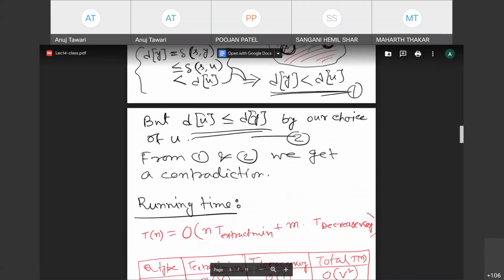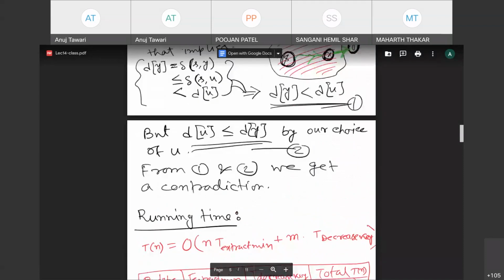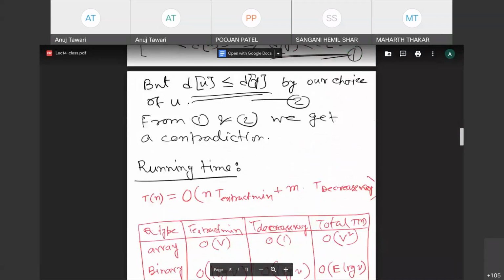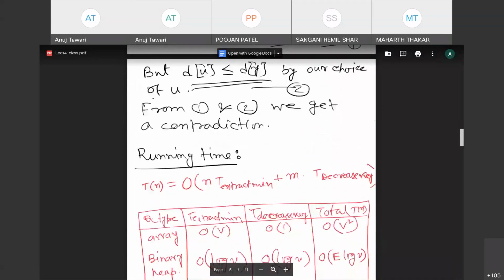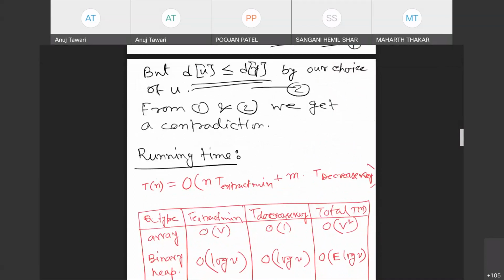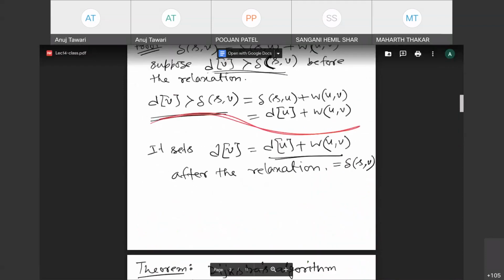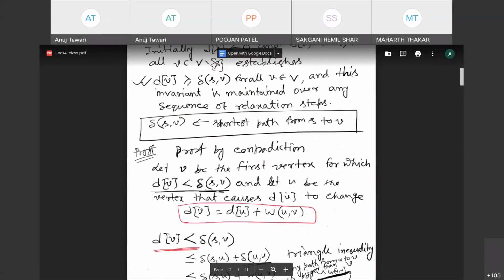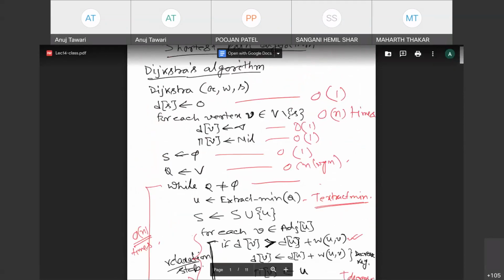Okay, now that we have the correctness proof, let's analyze the running time. We had n extract minimum operations, where n is the number of vertices, and m is the number of edges, so there are m decrease key operations. Let me go to this particular pseudocode.